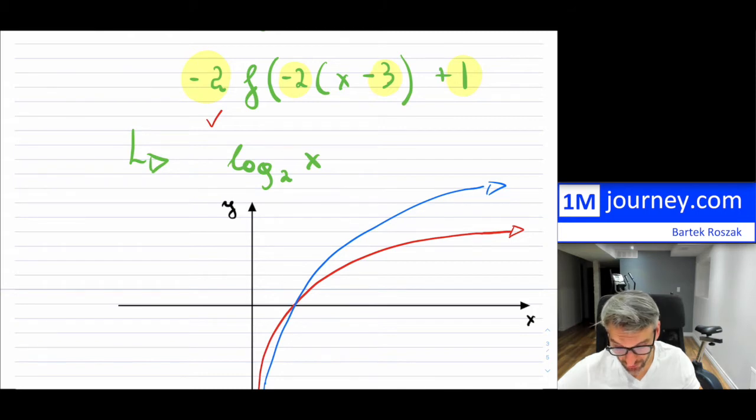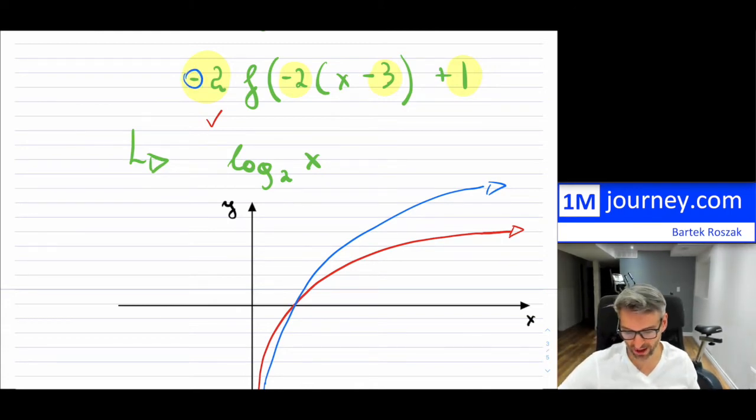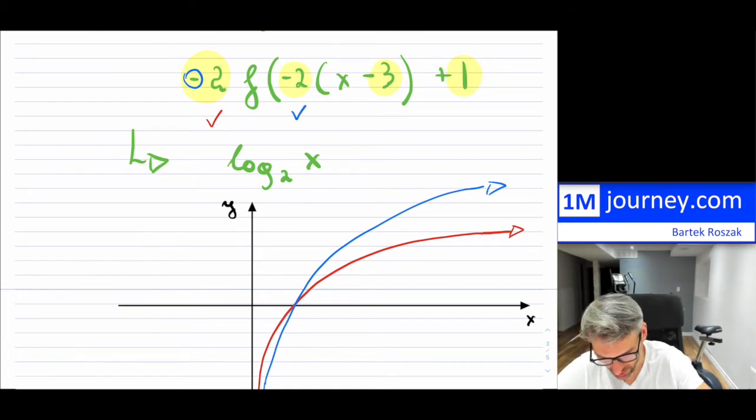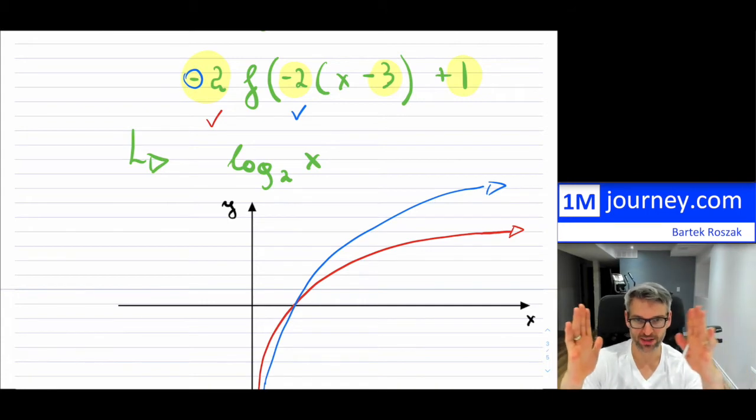Now it's going to flip it as well. I'm going to worry about the flipping after. So this negative is going to be a reflection in the x. We know it's going to get flipped, but I want this 2 right here. So the 2 itself is going to be, in the x, compressing it back in.